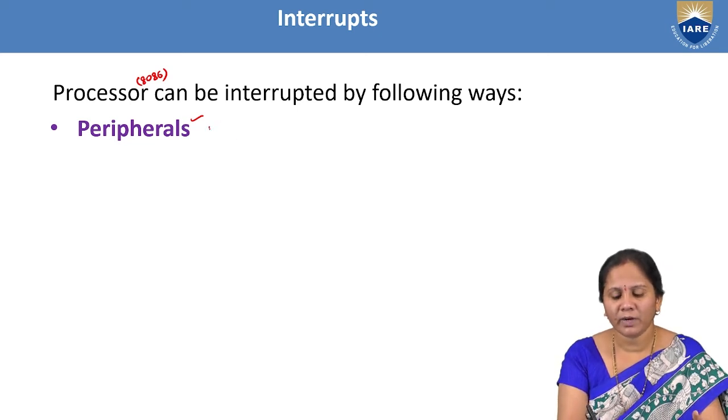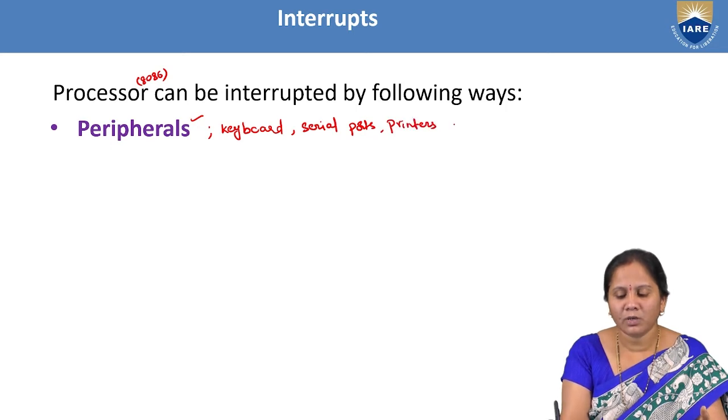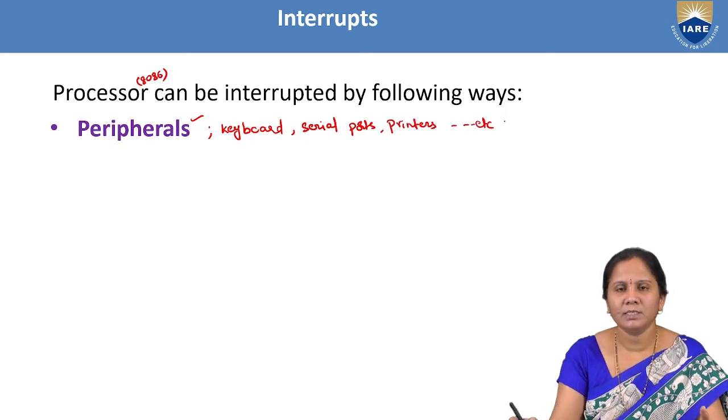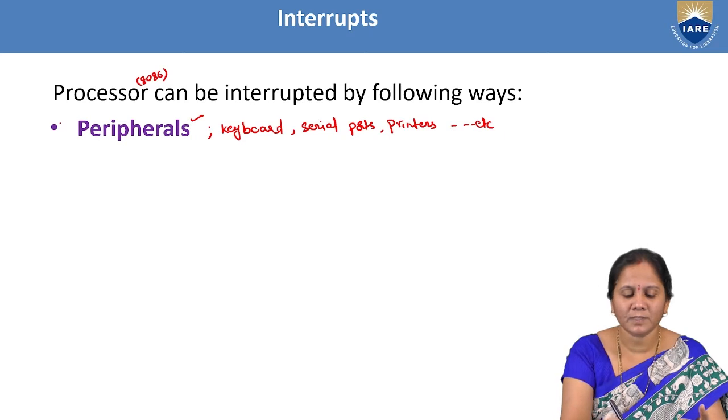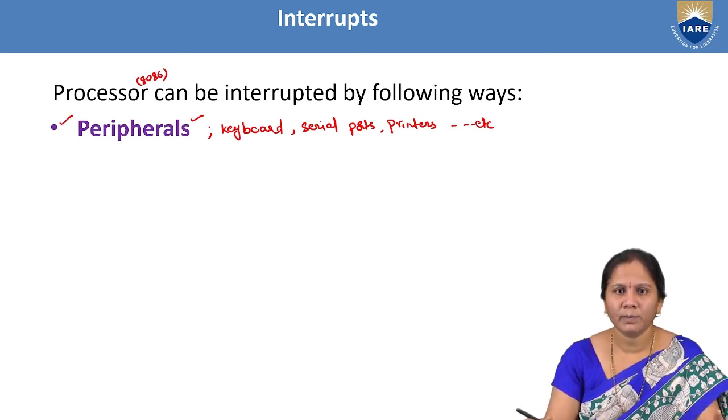For example, we can have a keyboard, or any devices connected to the serial ports, or a printer. All these are devices that generate interrupts. So we call these interrupts generated by the peripheral devices.